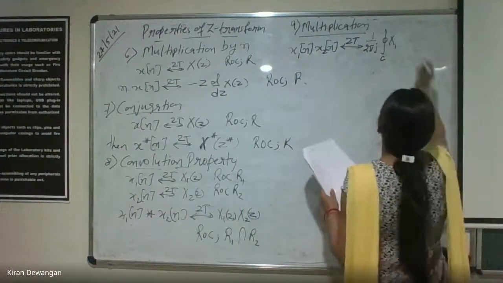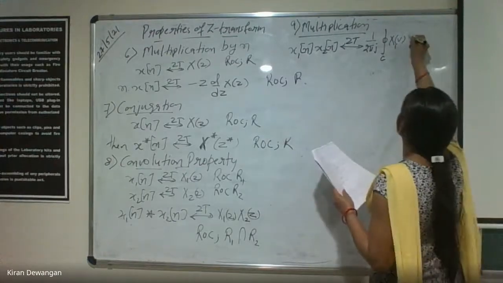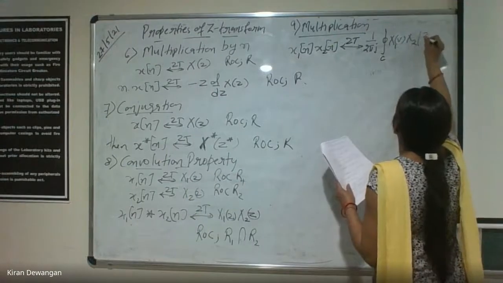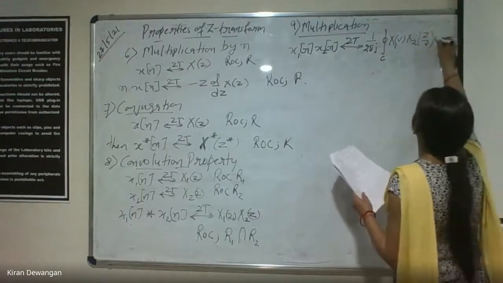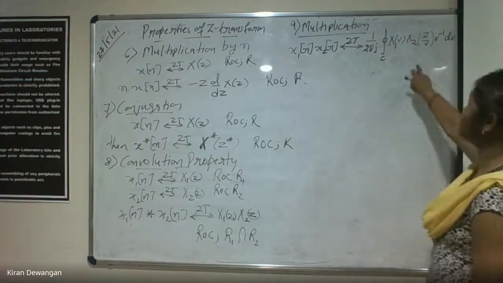X1(v) multiplied by X2(z by v), times v to the power minus 1 dv. So the variable has been changed here.